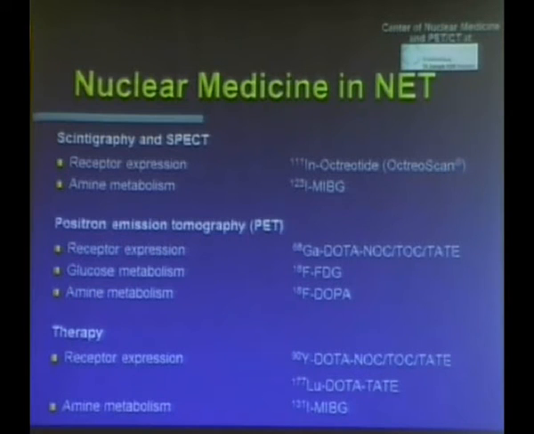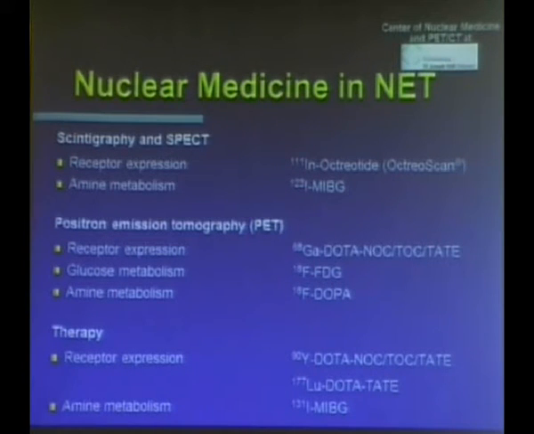And the third important piece of information is that the scintigraphic and PET tomographic results are not only results with a diagnostic intention. They always have a therapeutic intention too.